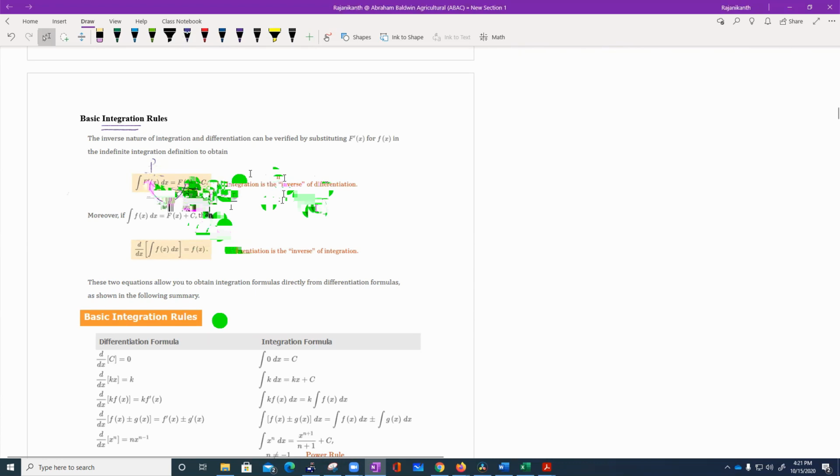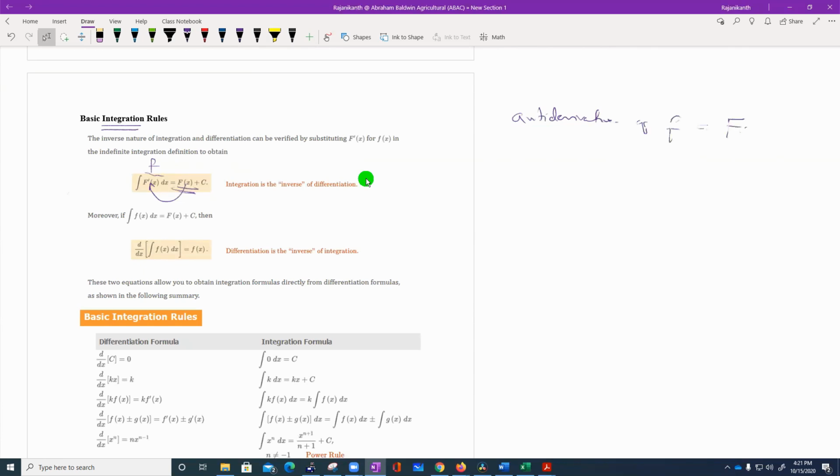This is the basic operation rule we have here, right? So the antiderivative of little f, if this is big F, this says if you take the derivative of F, you should get back the original function, right?